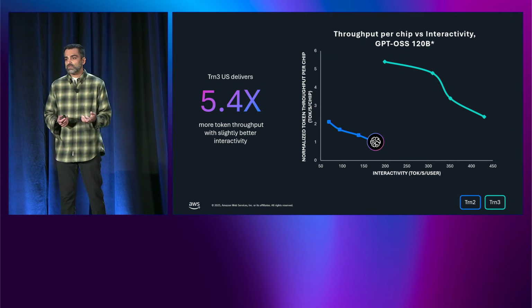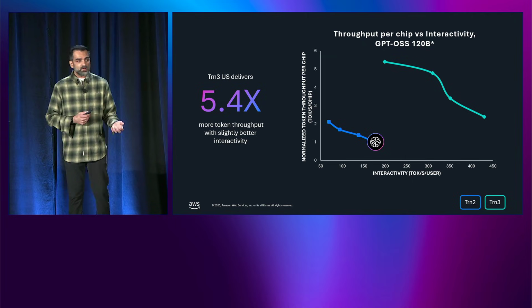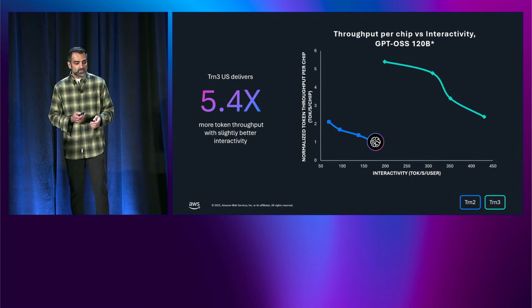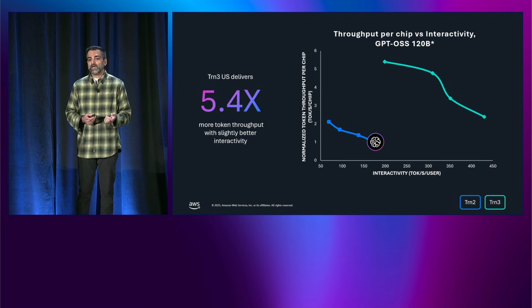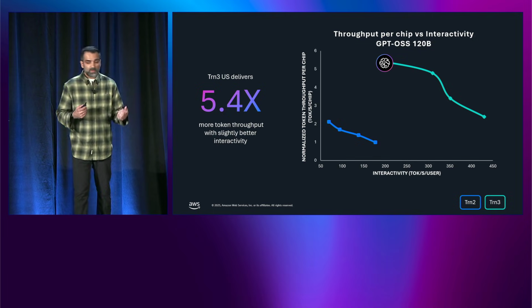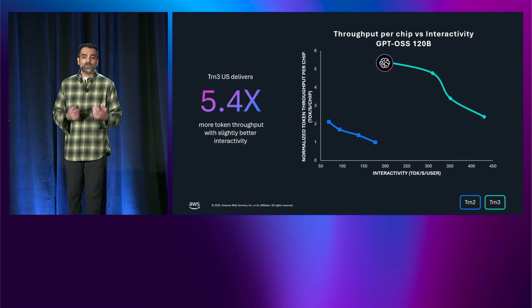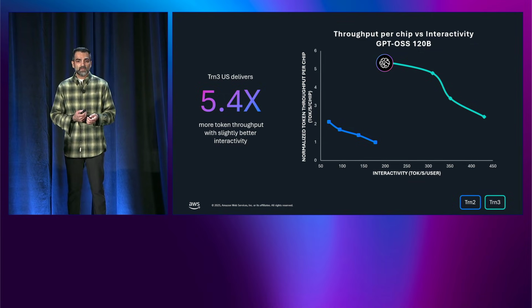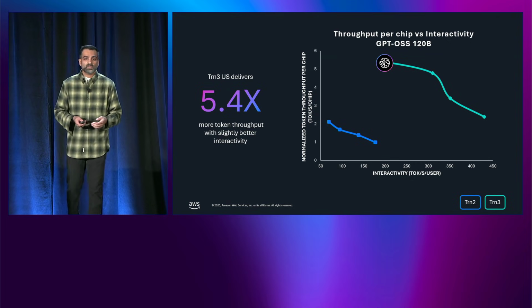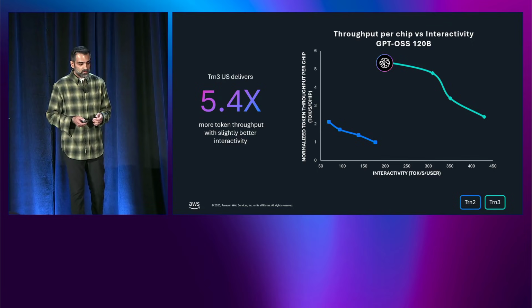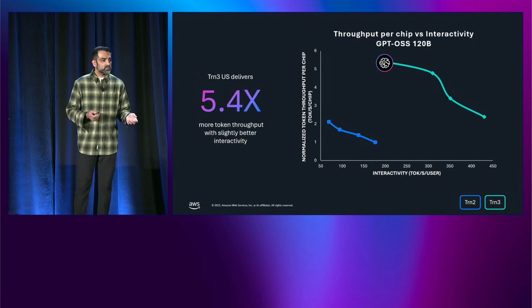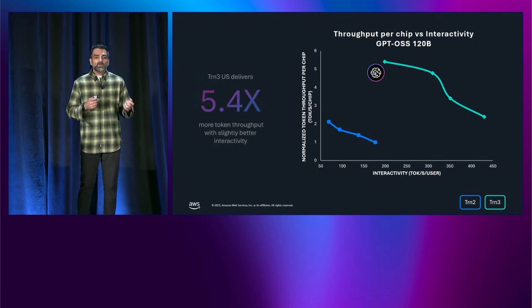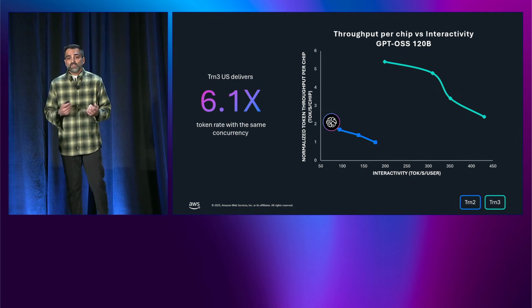So if you have workloads today that are utilizing models like this, you can deploy it directly on Trainium 3 and immediately now serve 5.4 times more users with that same exact interactivity, right? Each user will get the same experience. And now you can serve more of these customers, bringing down your total cost and being able to expand to more workloads.